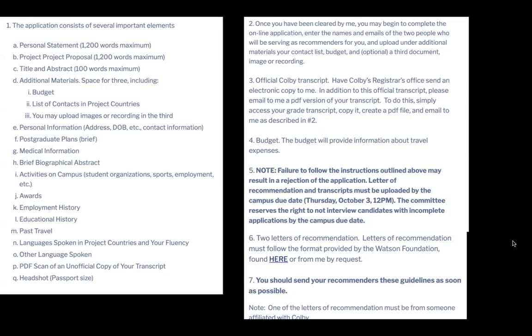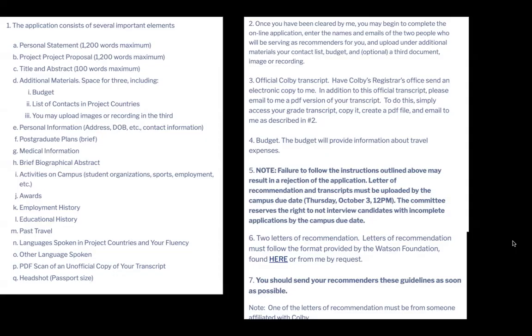For instance, past travel. This gives me the occasion to talk about one of the big rules that really, again, is unique to Watson. And I like to summarize it as the rule of no return. You're basically not supposed to go back to a country where you've already been.